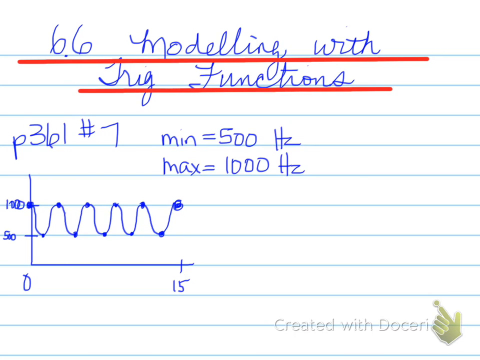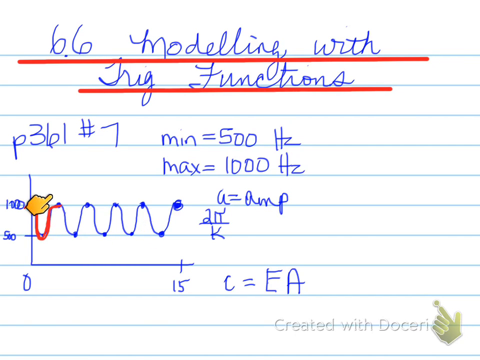Now, if you were to trace one of these functions, this is a trace of it. This resembles the cosine graph. You can figure out the amplitude and the equation of the axis based on the min and the max values. And you could determine the period based on how many cycles we have going on here.